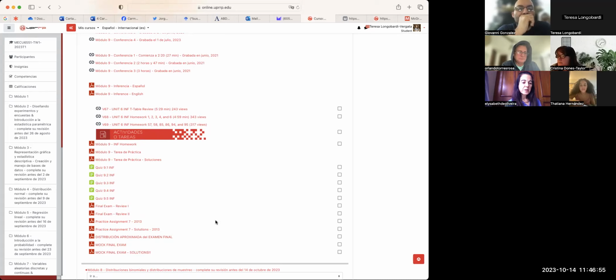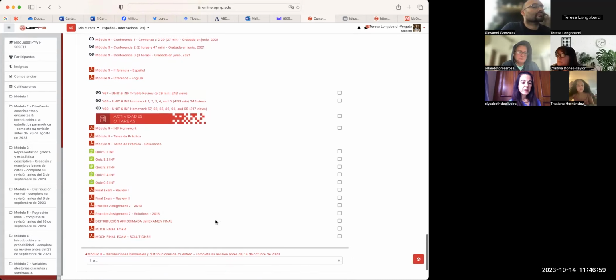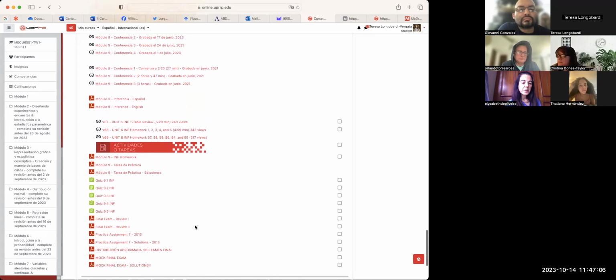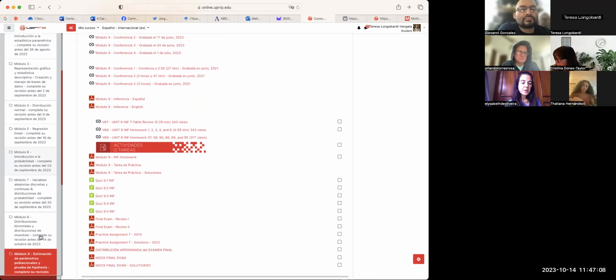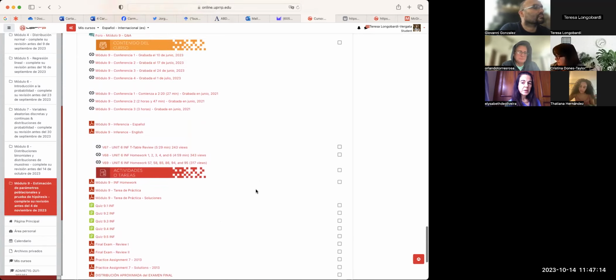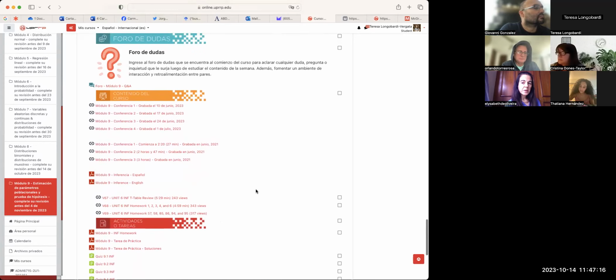Professor, will ANOVA come in the exam? No, because I never get to ANOVA. I put it there, but I never get to ANOVA. Okay, so module 9 is the last one. Yeah. Another really quick question. When we're using the T table, how big does the N have to be in order to use the infinity row?